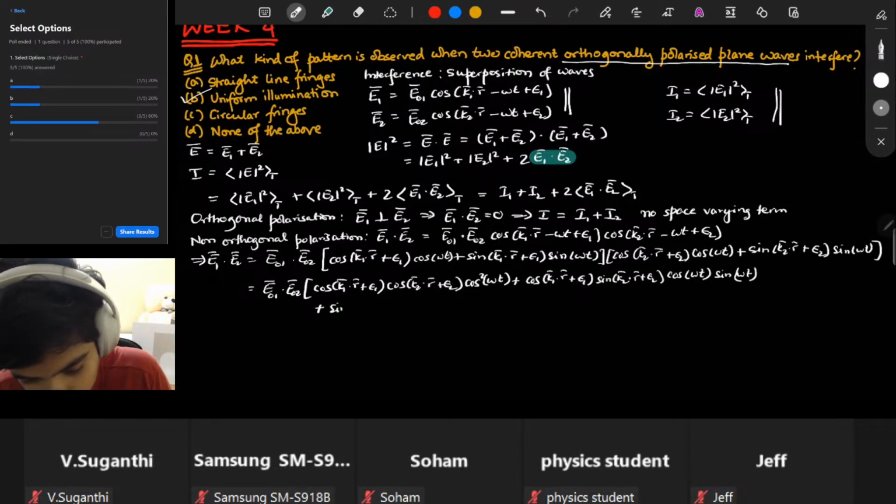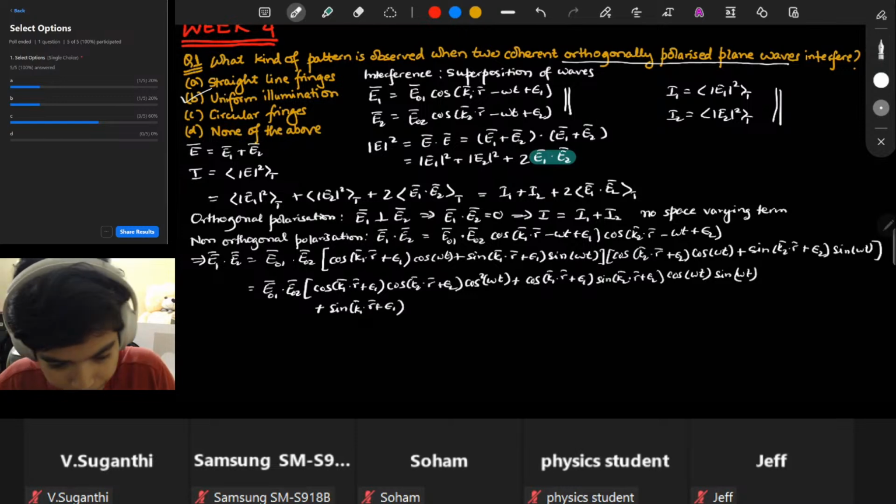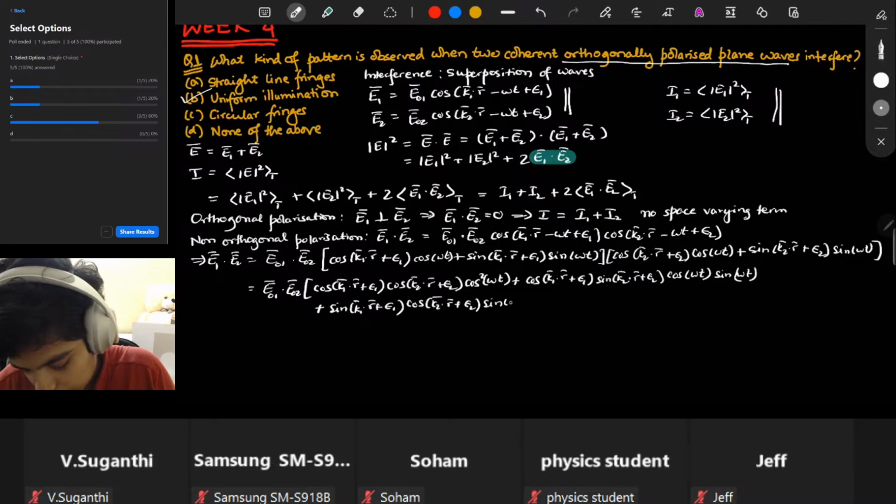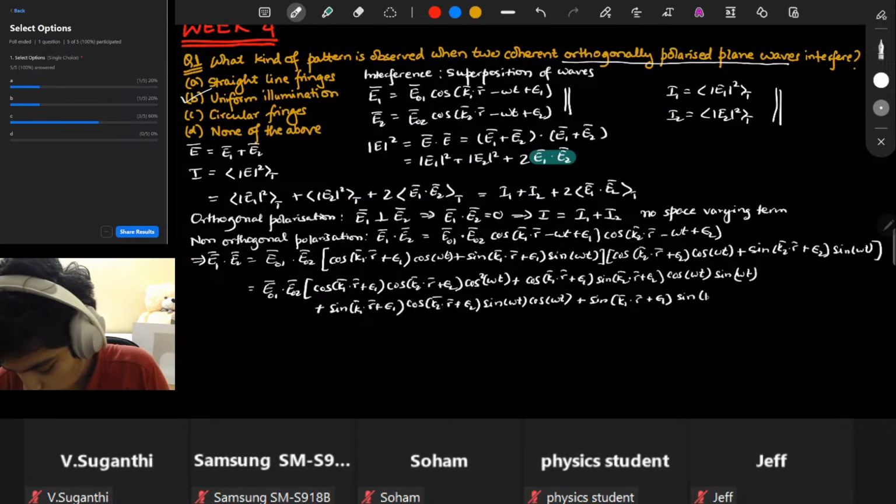Plus, now with the second term, this will multiply with both the terms: sine of K1 dot R plus epsilon 1 cos K2 dot R plus epsilon 2 sine omega t cos omega t, plus sine K1 dot R plus epsilon 1 sine K2 dot R plus epsilon 2 sine squared omega t.